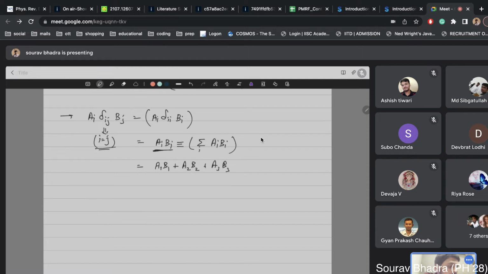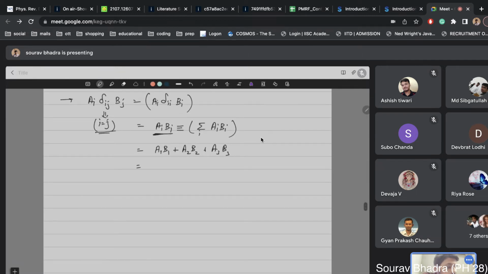Now it can also be written this way: a1 i, a2 j, a3 k dot product with b1 i, b2 j, b3 k.